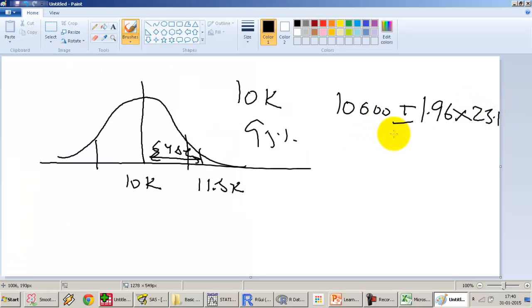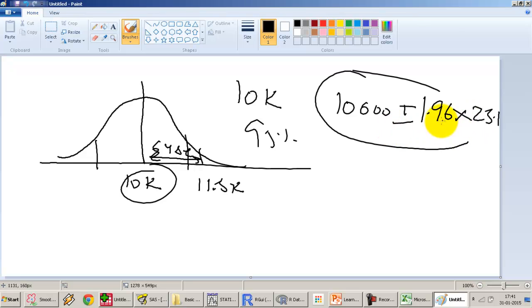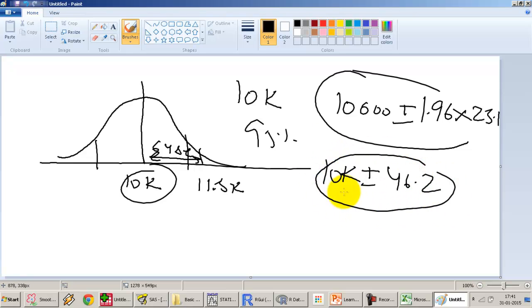So in 95% of the cases, the sample I extract from a population mean of 10,000 will lie within 10,000 plus or minus 1.96 into 23.1, or to be a little bit close, about 23 into 2, which is about 46.2. So a population of mean 10,000 is likely to give us samples which will range plus or minus 46.2 from this figure for 95% of the cases.